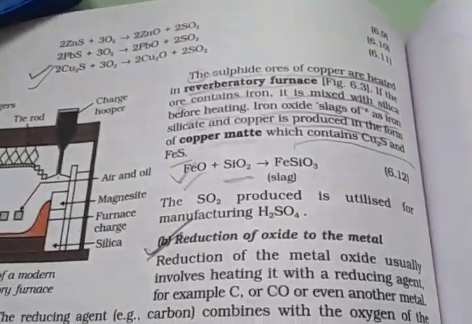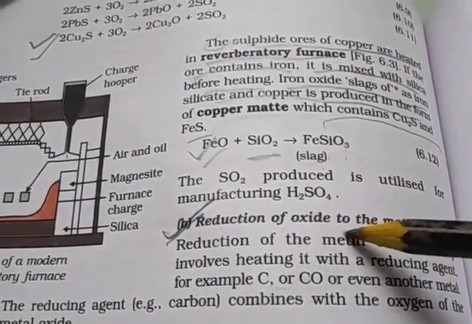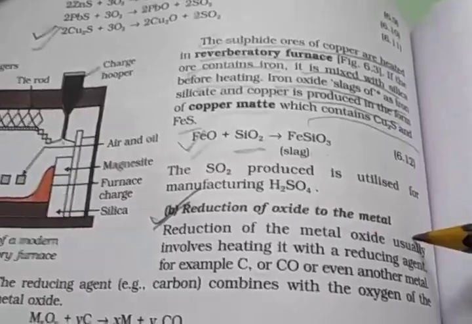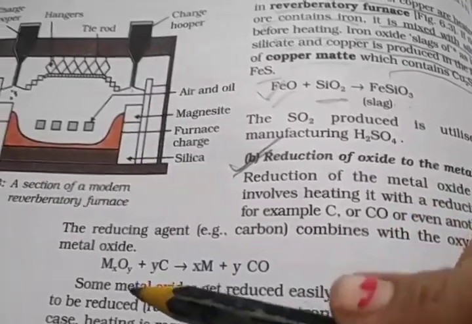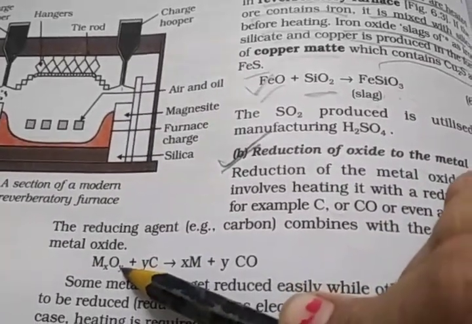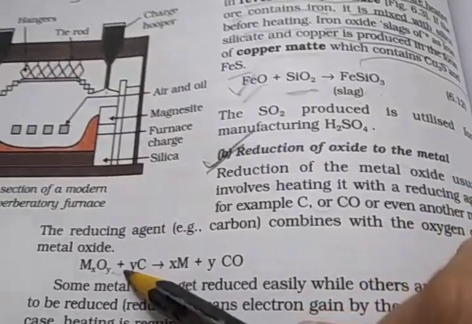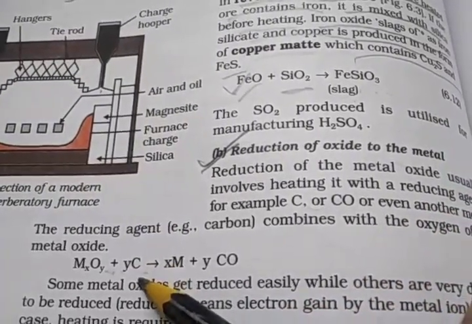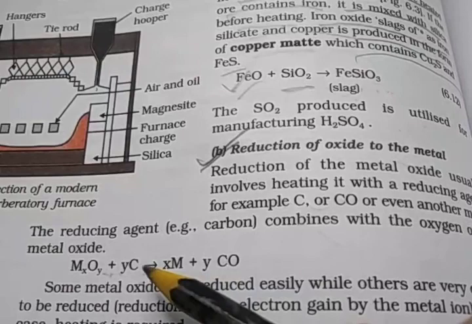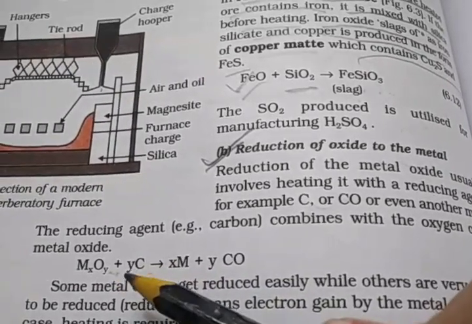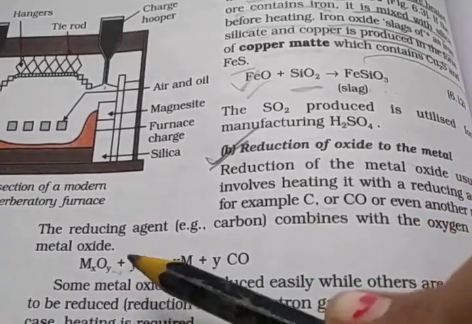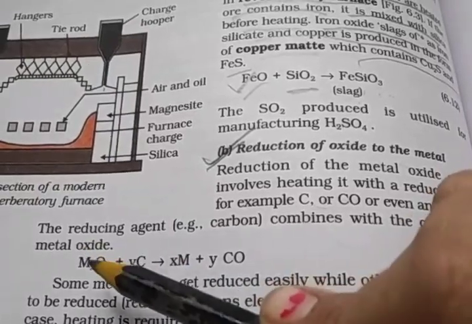Then the second step is reduction of the oxide to the metal. Learn this reaction: any metal oxide is heated with carbon, coke, or otherwise carbon monoxide, or even another metal. The reducing agent carbon combines with the oxygen.